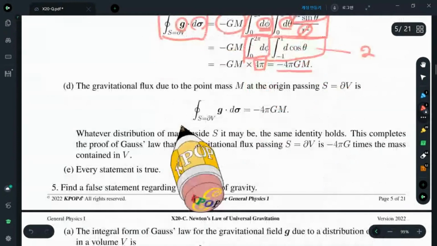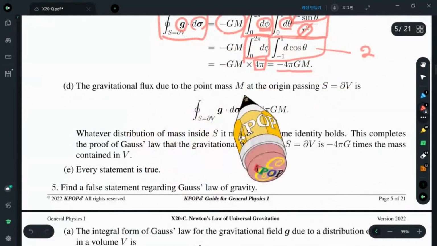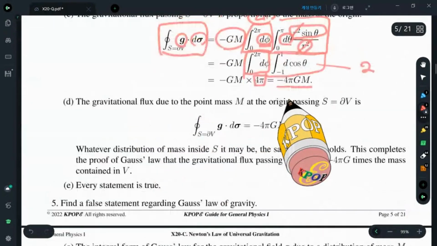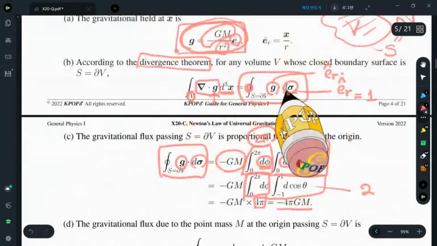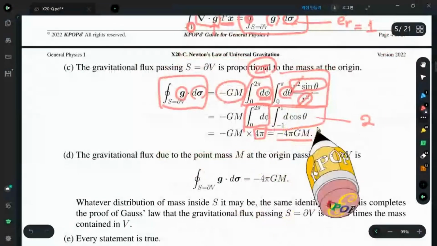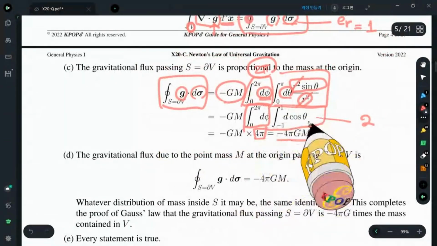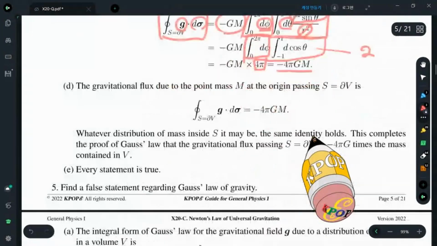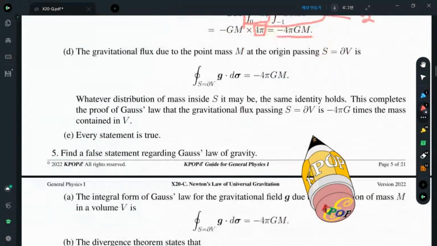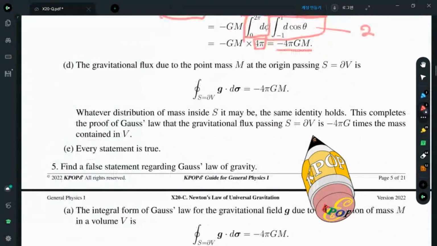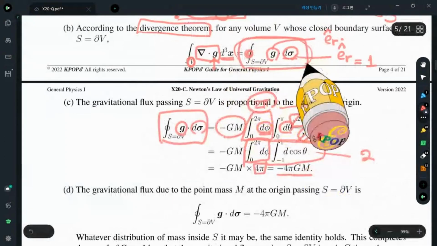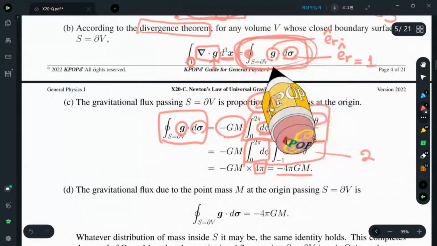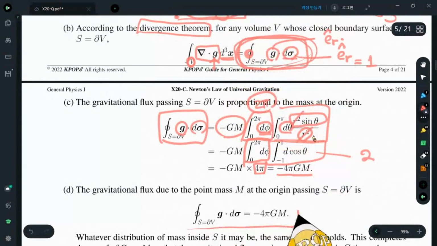The gravitational flux due to the point mass M at the origin is now evaluated to be minus 4 pi GM. Now we return to the volume integral. The surface integral can be done very easily, and we have found this value.